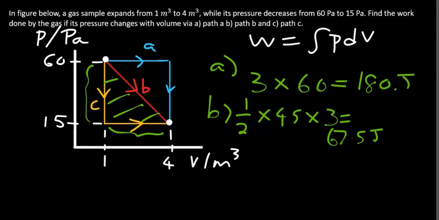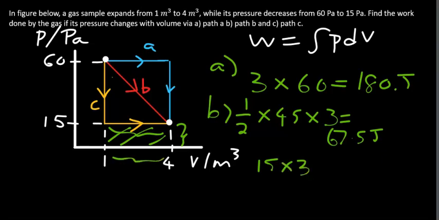To this we have to add the area of the rectangle. The area of the rectangle is 15 pascals times 3 cubic meters, which is 45 joules. So together, the total work for path B is 112.5 joules.